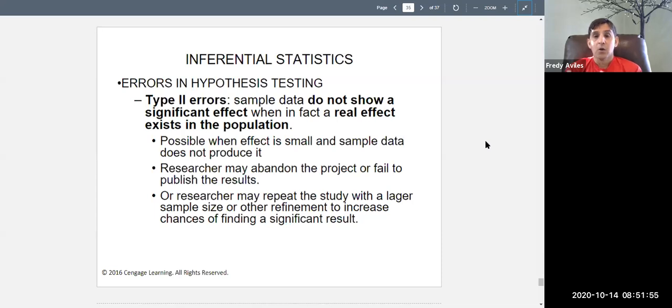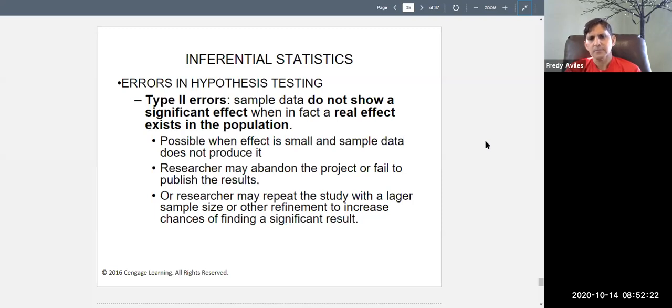And you found that there is no difference between Republicans and Democrats in how much they like Donald Trump. You found that there's no difference, but there is a real difference in the population. We know damn well Republicans like Donald Trump more than Democrats. How is it that you found that there's no difference? That's called a type 2 error. That's when you don't find a difference, but there actually is a difference.